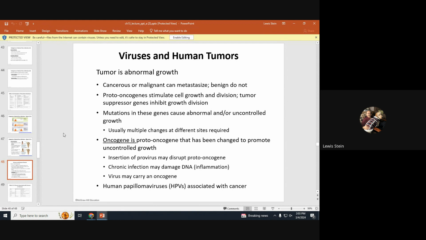We'll start with the first one, which is called oncogenes. Oncogenes are the bad guys. Proto-oncogenes are there, and when they're inactive, they prevent tumors. We don't want them to be active.